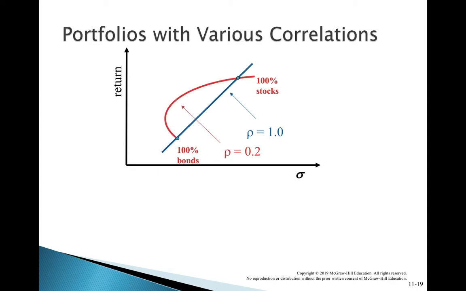So, from this 100% bond to 100% stock, we have calculated the different in-between correlations. And the perfect correlation is when it is -1.0.